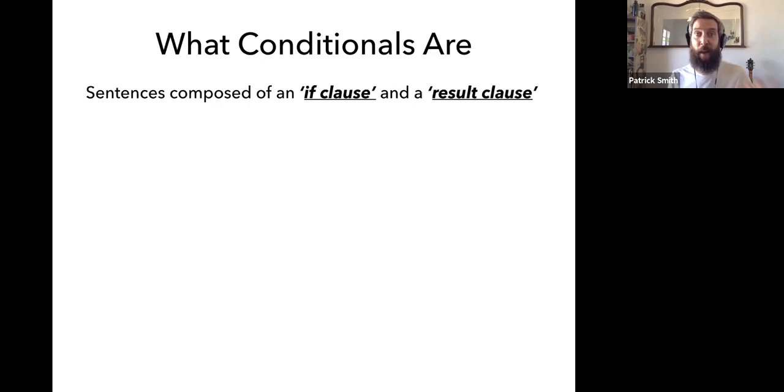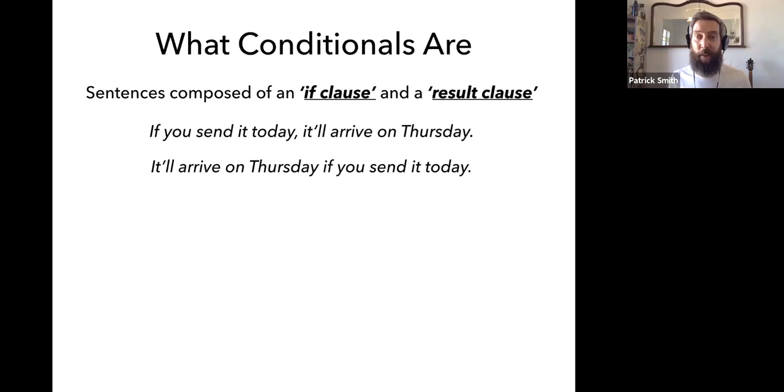But that's the basis of a conditional, that we have two clauses, one of them with the condition and the idea of if, and then a second clause to express a result or a consequence. And that's what makes a conditional.